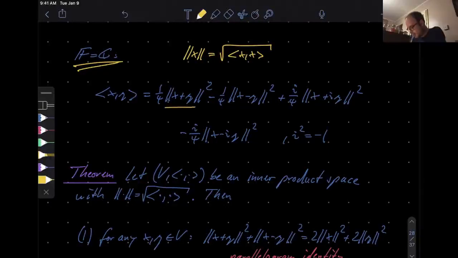You take these four norms, square them, x plus y, x minus y, x plus iy, x minus iy, i the imaginary unit, and then some decoration out front. If you take this combination, it spits out exactly the inner product between x and y.